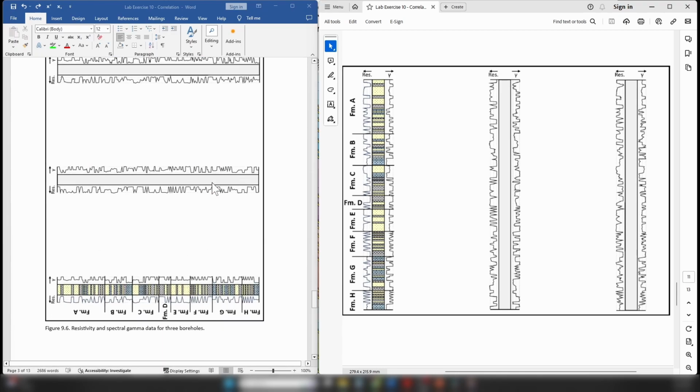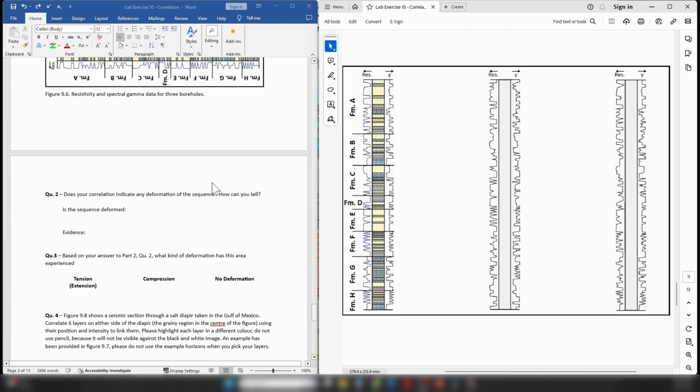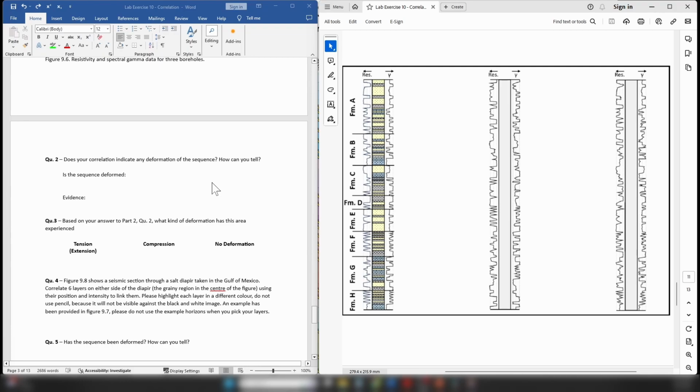Okay, so if we come down now, question 2 is going to ask us, does your correlation indicate any deformation of the sequence? Remember, if the sequence has been deformed, and this could be either folding or faulting, it's obviously going to change the relative positions of the boundaries between the different formations. It's going to push layers of rock up or move them down.